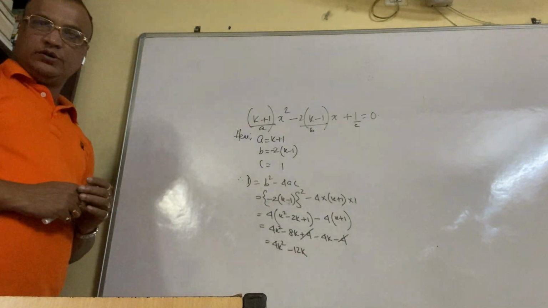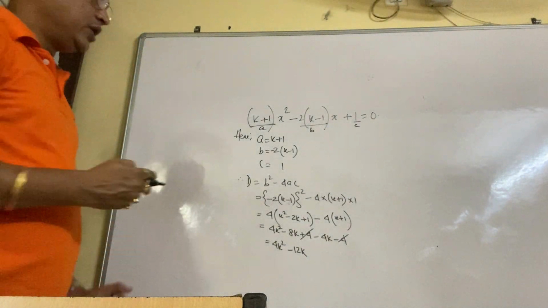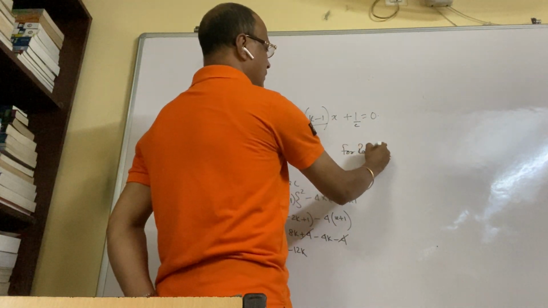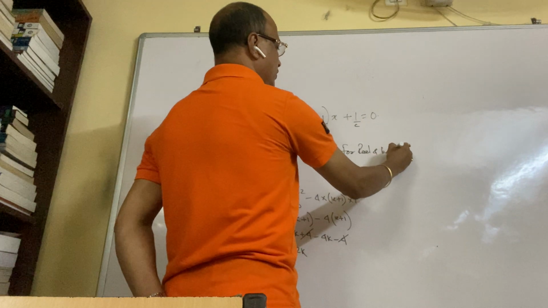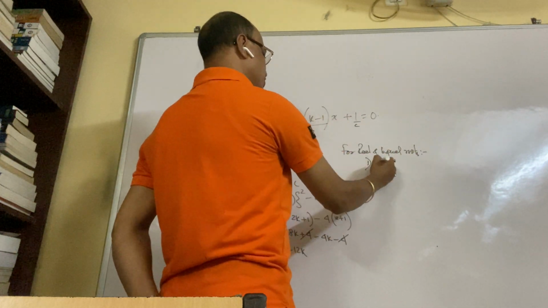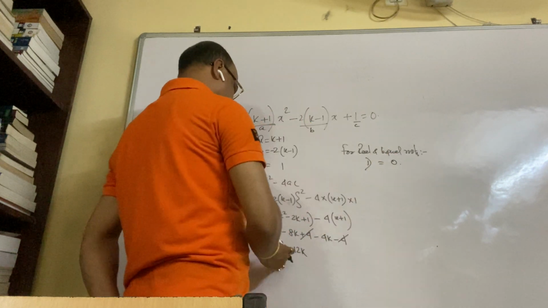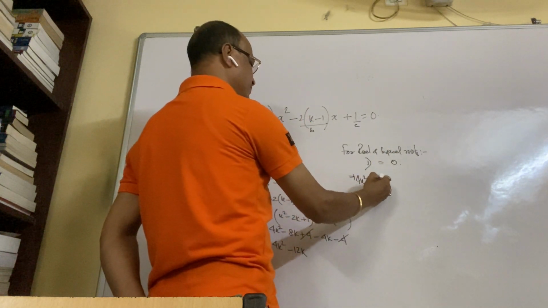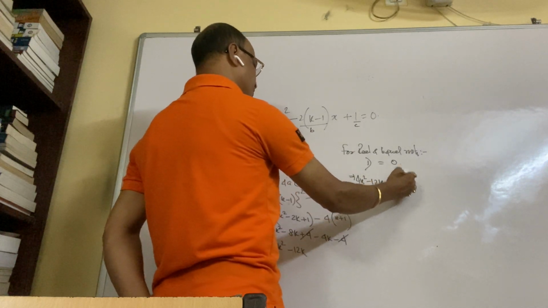Now question is, it have real and equal roots. So now we do for real and equal roots. For real and equal roots, d should be equal to 0. So d should be 0 means the value of d, 4k square minus 12k, should be 0.